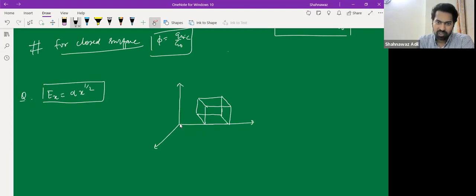This is the A side of the cube, and the electric field direction is this.